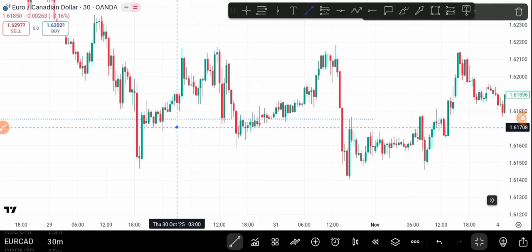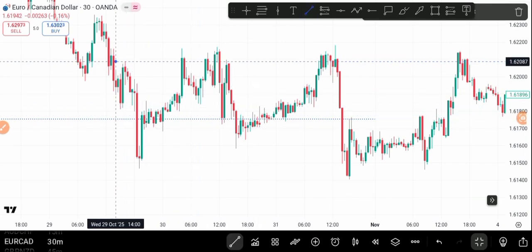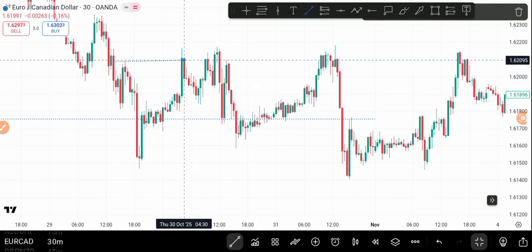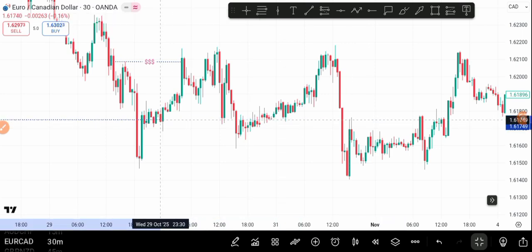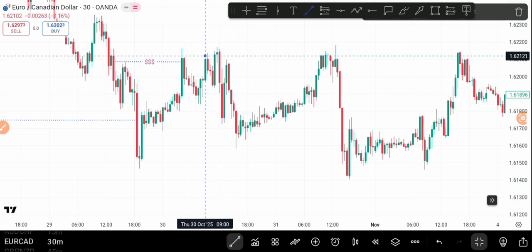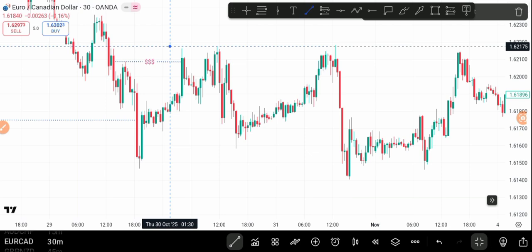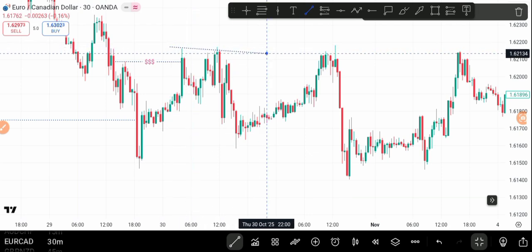I'm saying this is our inducement, or in other words, our liquidity. The price came back, took this liquidity. The price came back, took that liquidity, went down, but it never took enough liquidity, so it came back again to take some more liquidity and tapped into the order block.